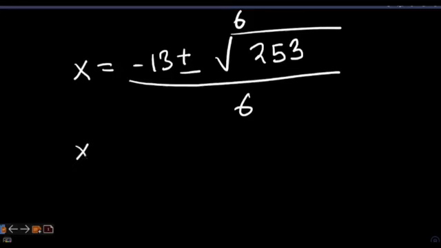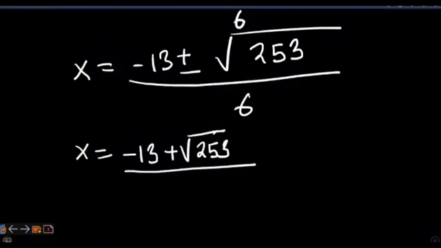You can say x equal to negative 13 plus the square root of 253, over 6, or x equal to negative 13 minus the square root of 253, over 6.